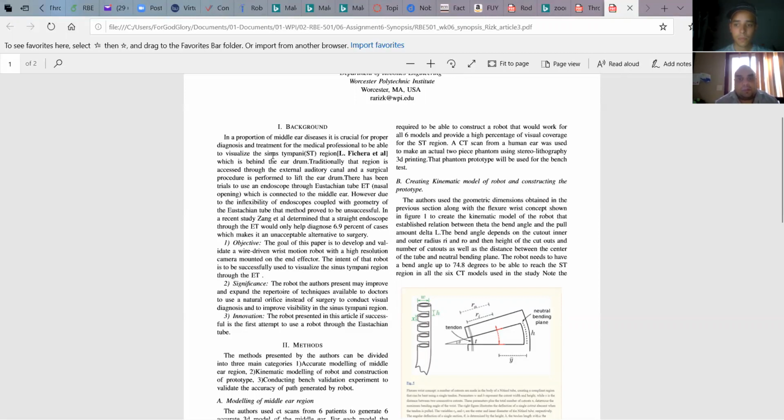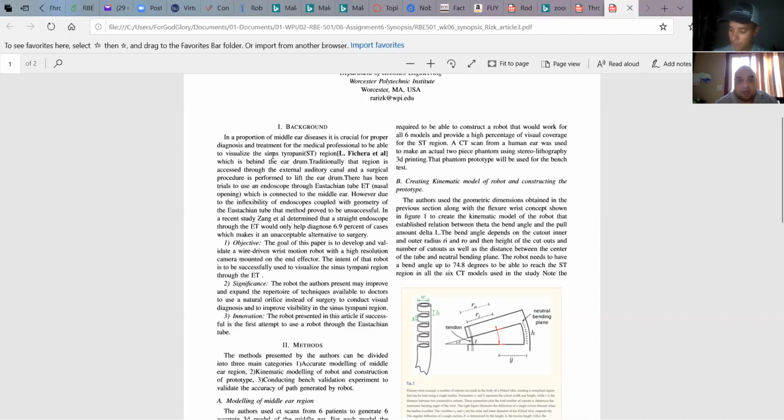And the basis for a good diagnosis is vision. The doctor needs to be able to see what's inside there so that they can make a proper decision on the diagnosis and the treatment.